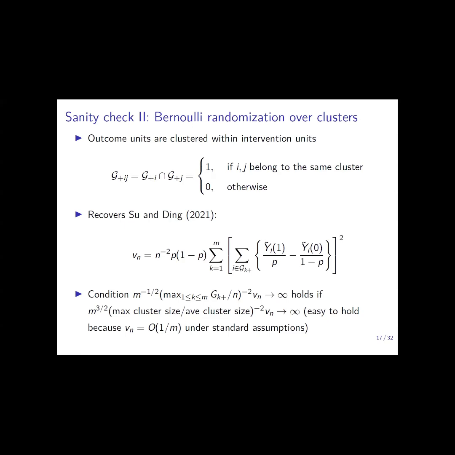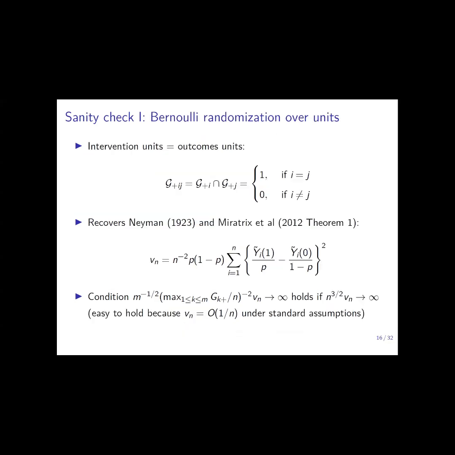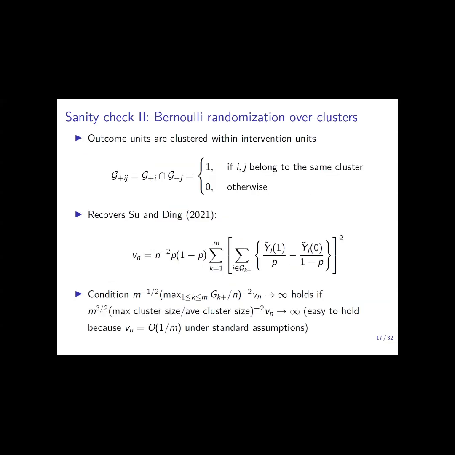If you imagine the cluster sizes are pretty uniform, this term is basically constant and you can drop it. It quantifies how influential some clusters are. If you ignore this middle term, this holds for similar reasons as before. This is 1 over m, so it will hold in most cases.